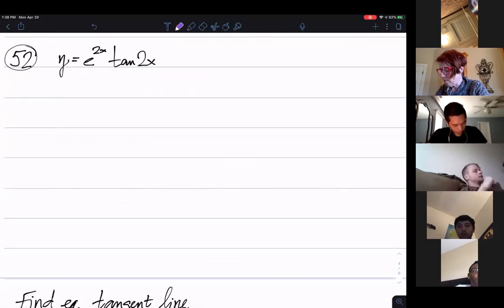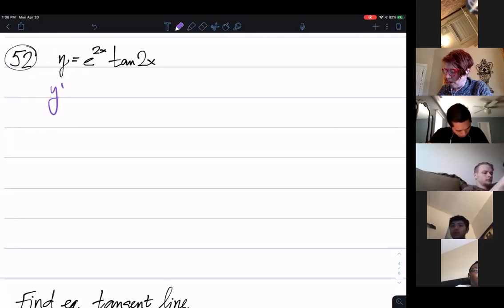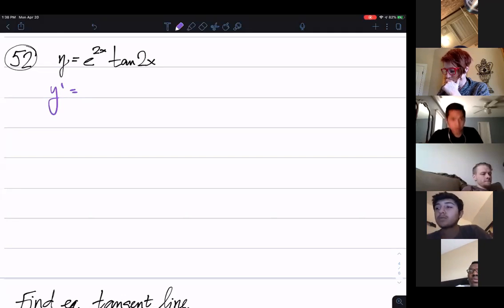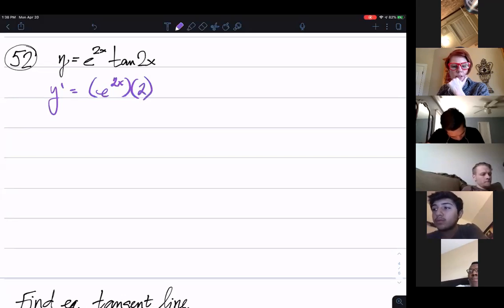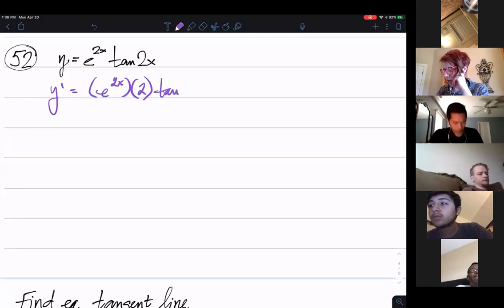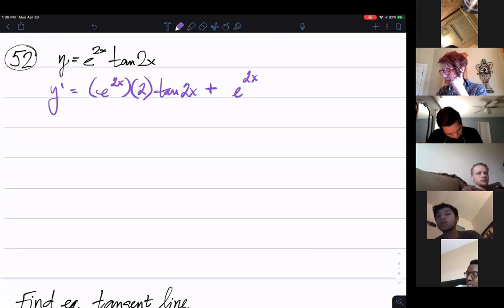Product rule. So we've got y prime is going to equal... What's the derivative of the first? e to the 2x times... So there's the derivative of the first times the second, tangent double angle, plus e to the 2x, the copy of the first, times the derivative of the second.